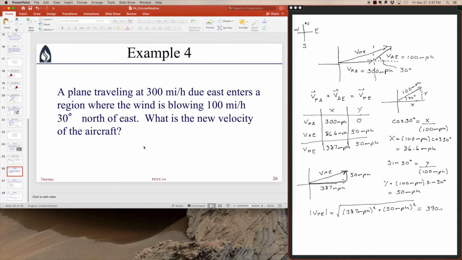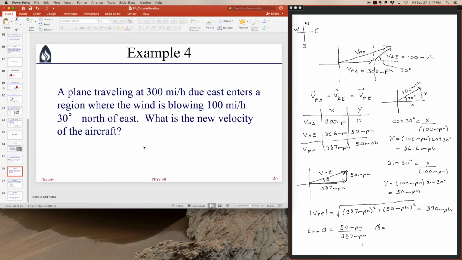Then if I want to find the angle, that would be this angle here, I know that the tangent of that angle, tan theta, would be opposite 50 miles per hour over adjacent 387 miles per hour. So to find theta, I would take the inverse tan of 50 divided by 387.